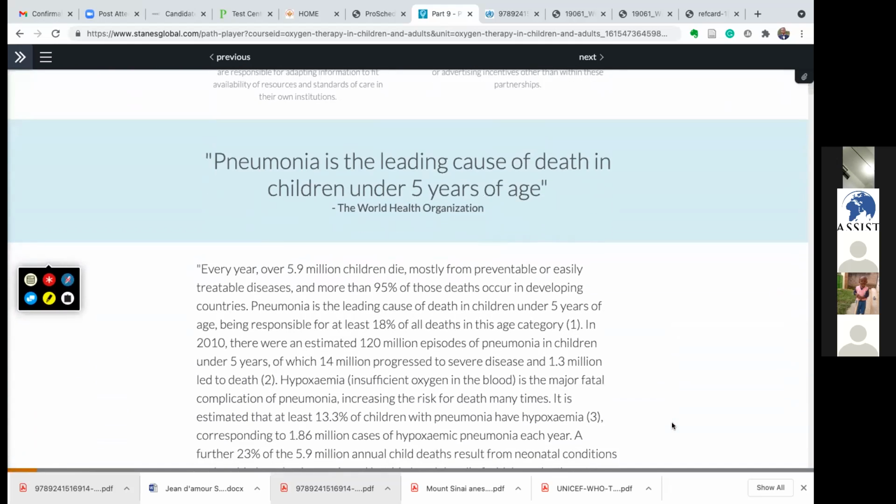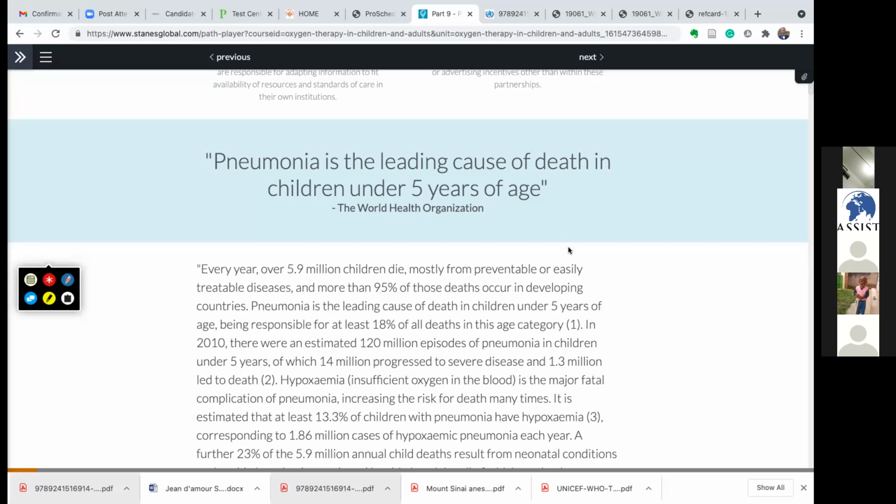Before we go into details, I need to remind our team that pneumonia is the leading cause of death in children under 5 years, especially in low-income countries. Those are the reports from the WHO.